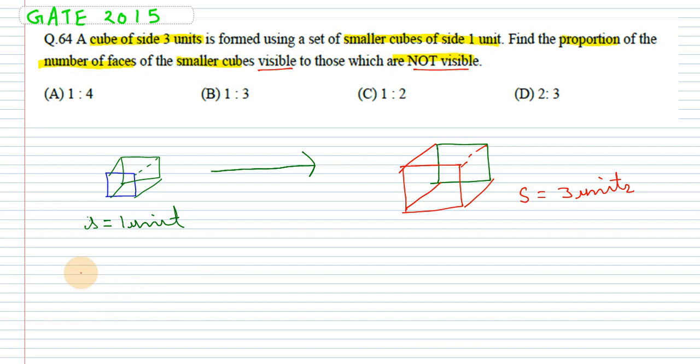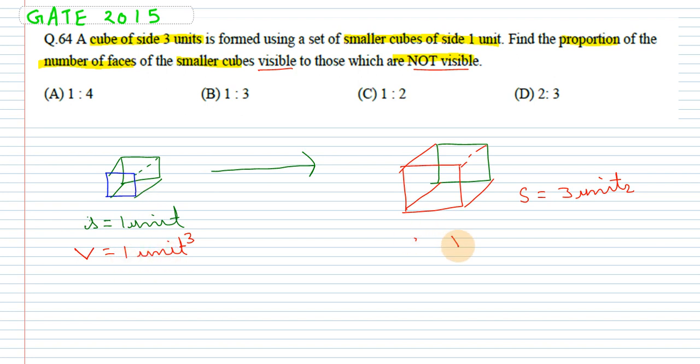So if we find the volume, the volume of the smaller cube is 1 unit cube.